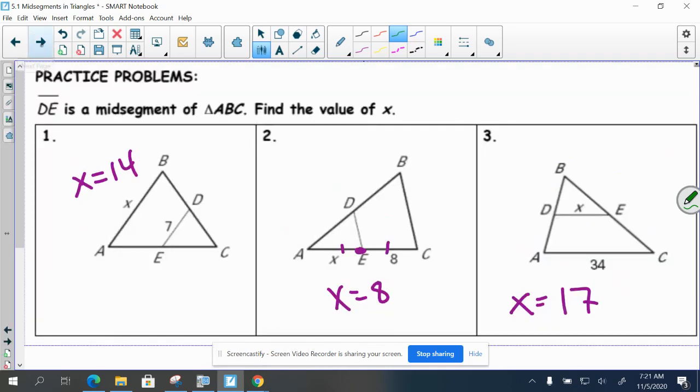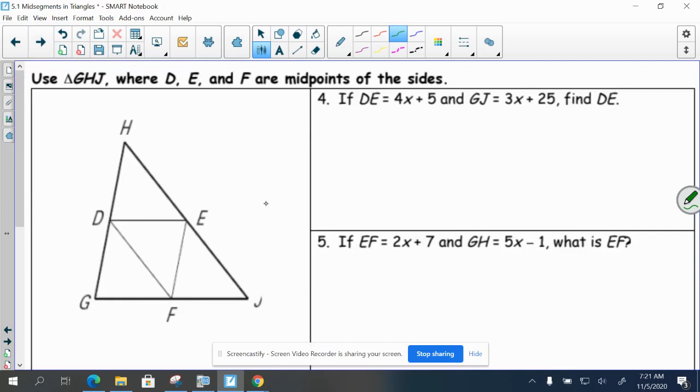Let's do a couple more problems. How about this one? So if DF equals 4x plus 5, and we know that D, E, F are midpoints, so these are midsegments. So DF here is 4x plus 5, and then GJ is 3x plus 25. So the way we would set up our equation then, we could do 2 times the length of DF equals the length of GJ.